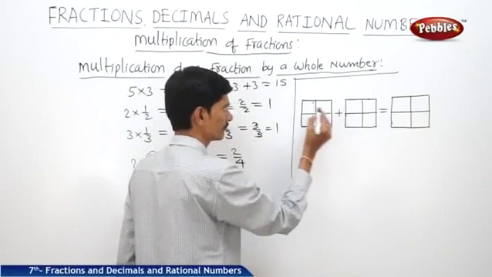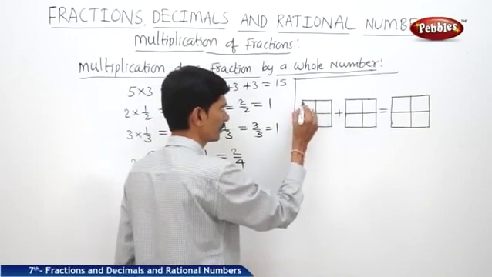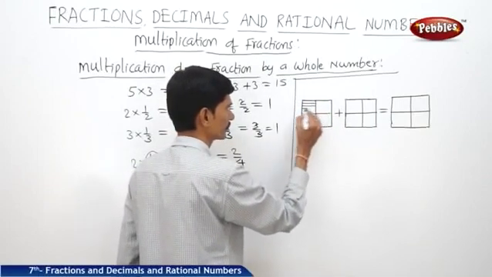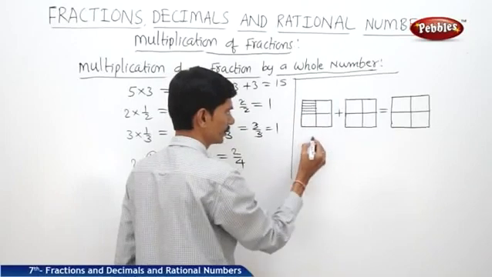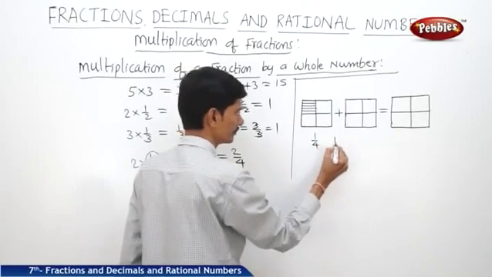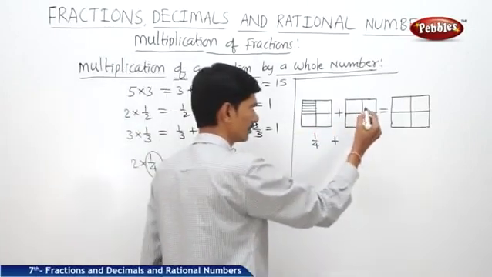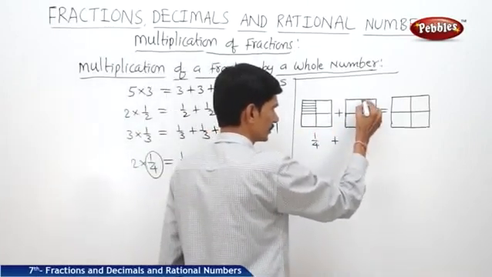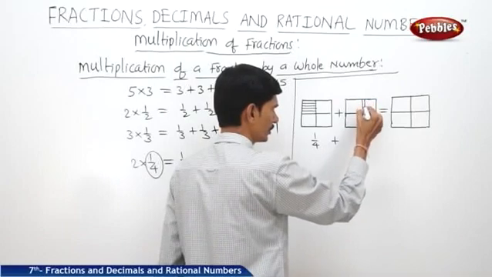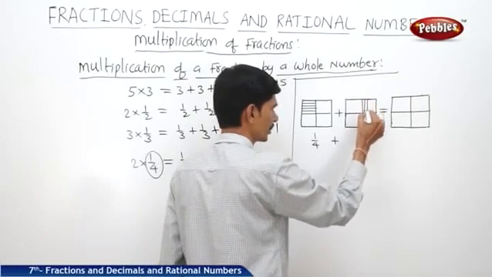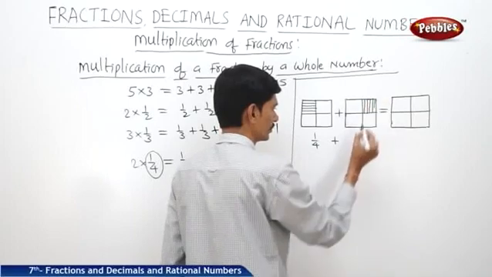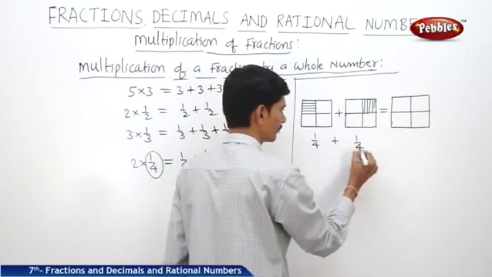Now, in the first square, we will shade one part out of 4 equal parts. So this represents 1 by 4 plus. Now, in the second square, we shade one part out of 4 equal parts vertically. Now, this represents again 1 by 4.